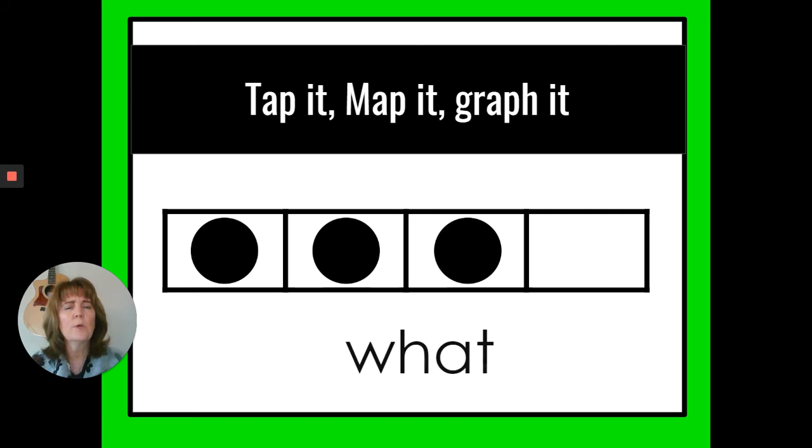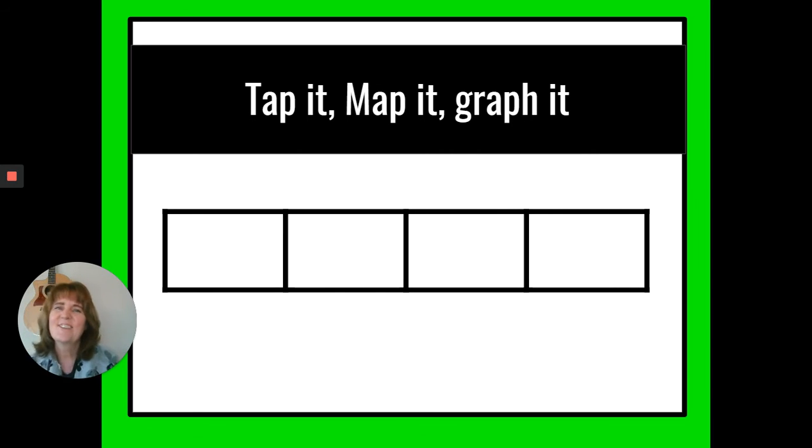Now, the word what is kind of tricky. It has a part that we need to know by heart. The part that we need to know by heart is the A in the middle. We know that the W is spelled with W-H, but the A sounds like a U, doesn't it? But it's an A. So we need to know that the A makes that sound in the word what by heart. Let's try another one.